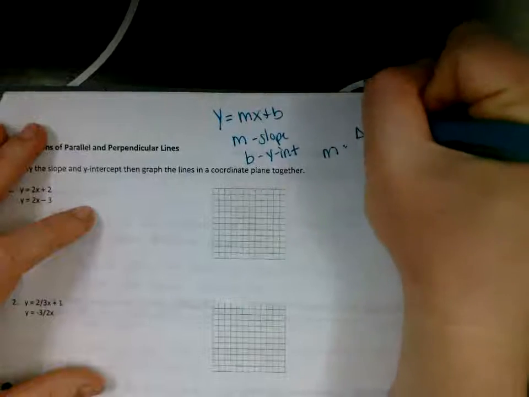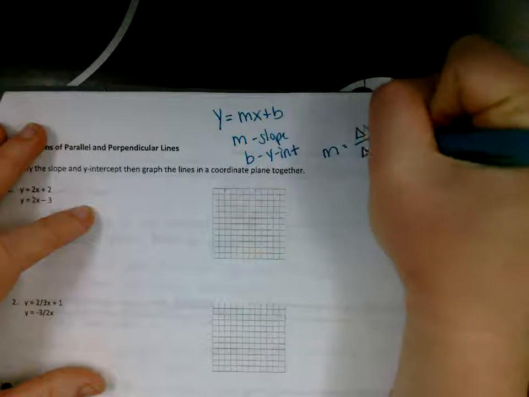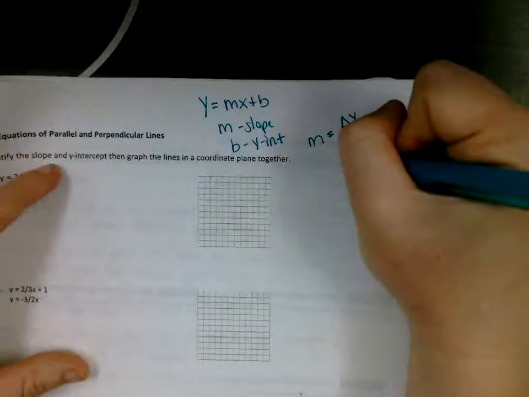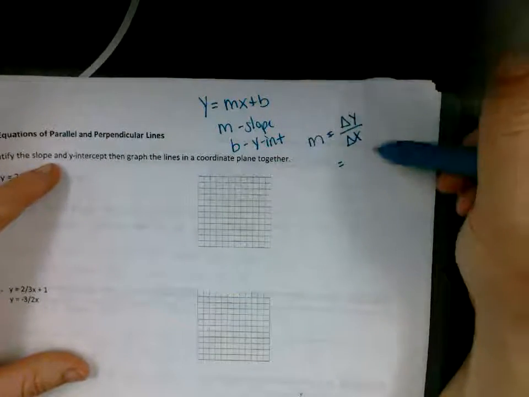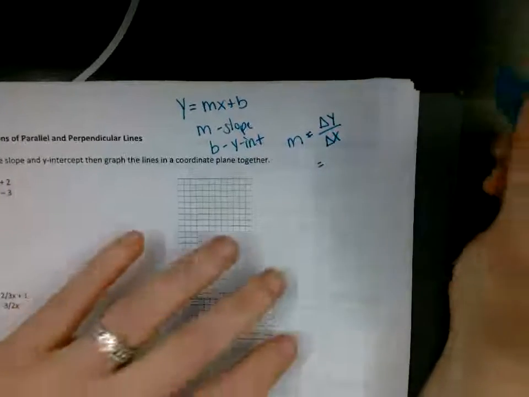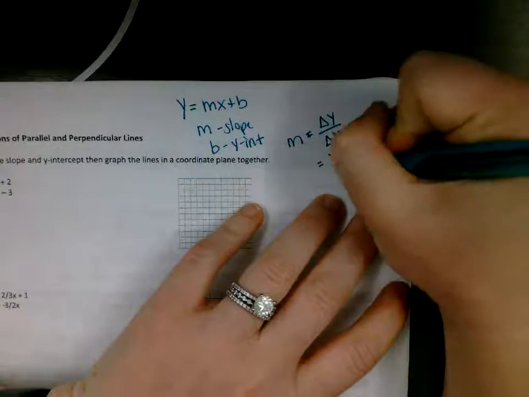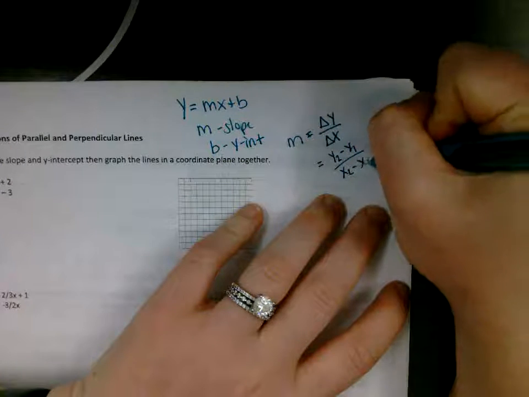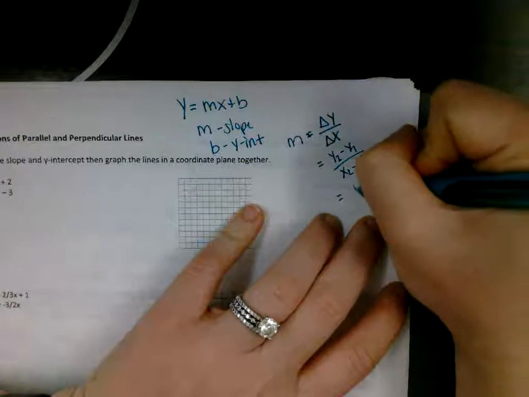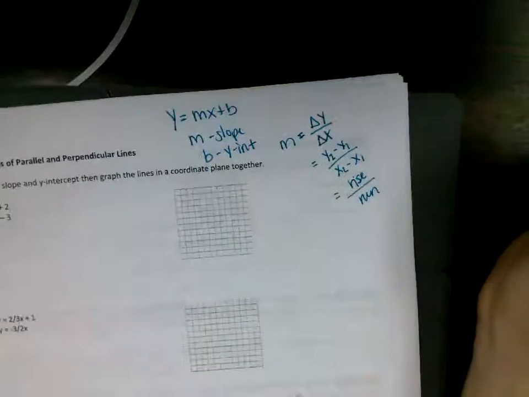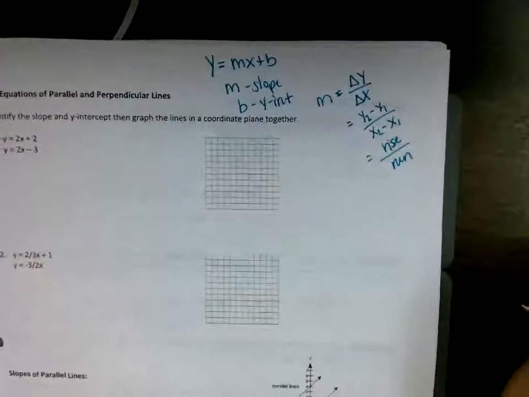What I like to think about it as is delta y over delta x, which is really the change in y over the change in x. So that's the same thing as saying y2 minus y1 over x2 minus x1, and you can also think of it as rise over run. That all gives us our slope.